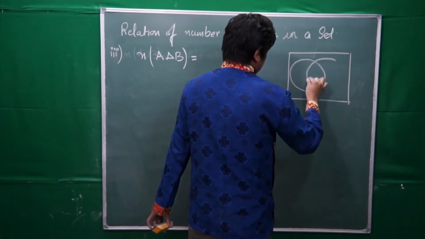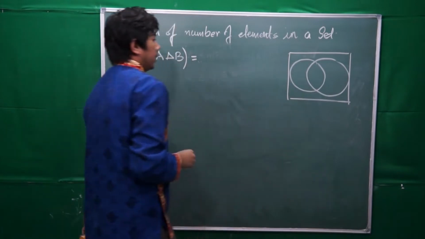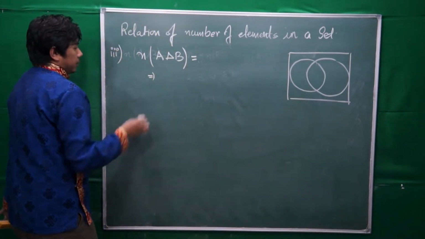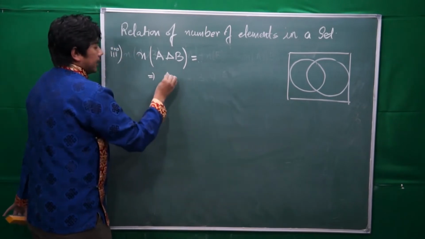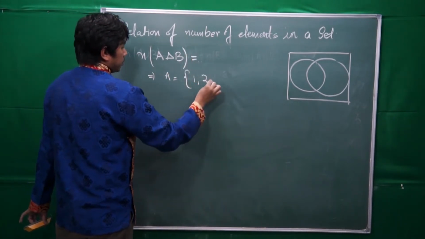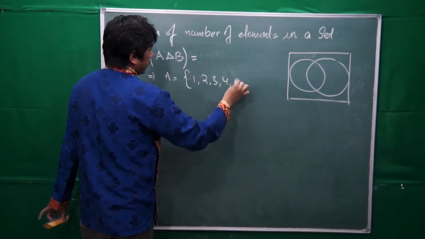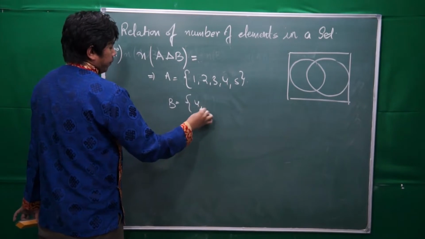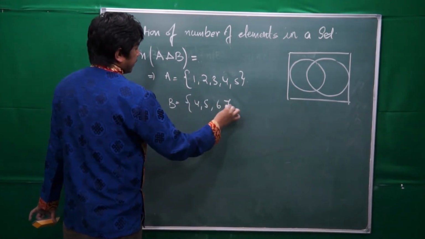Set A and set B, we are going with the 2 sets. So these are 2 sets. Your set A is, say, elements 1, 2, 3, 4 and 5. And say B is elements 4, 5, 6 and 7.